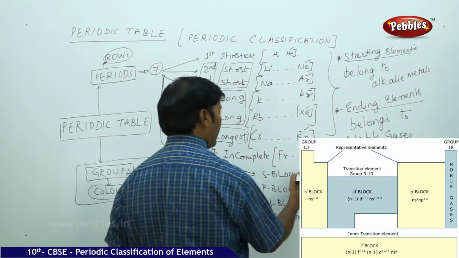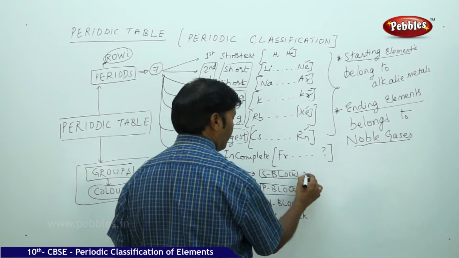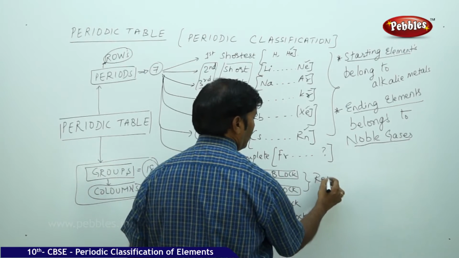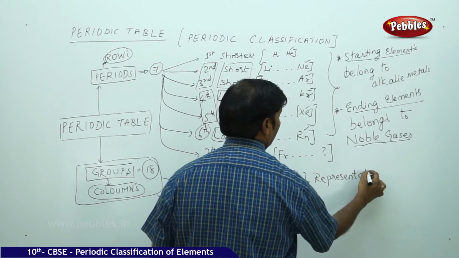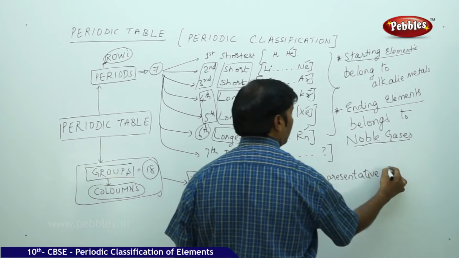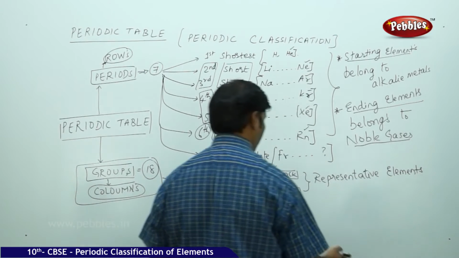S block and P block together we call representative elements.